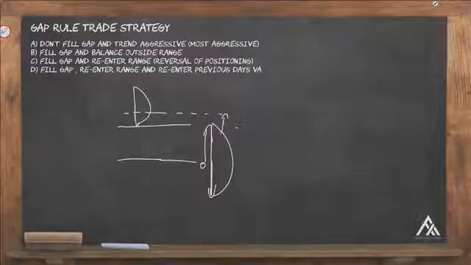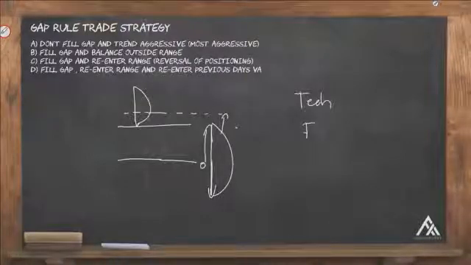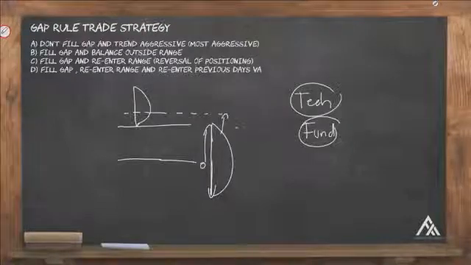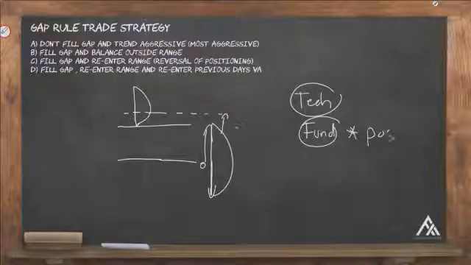Now, the key with this strategy, and listen carefully because this is a particularly good strategy, is to ask yourself what has created the gap, and it comes back to the question of, is it technical or fundamental? The reason this is a key strategy is because if there is a fundamental reasoning behind the gap, you are going to get a lot of positioning.